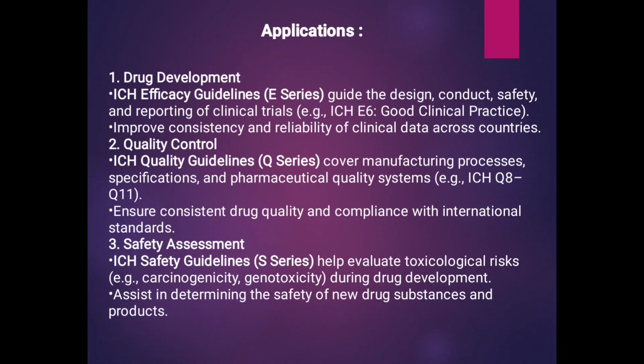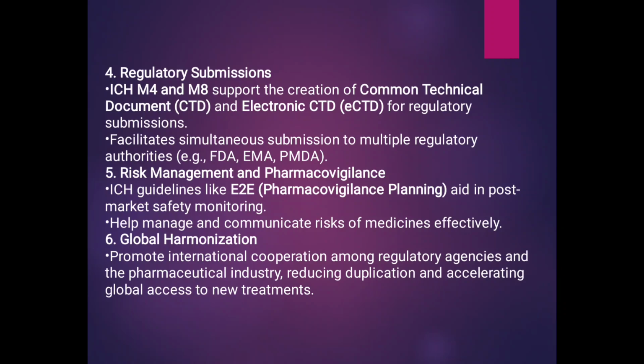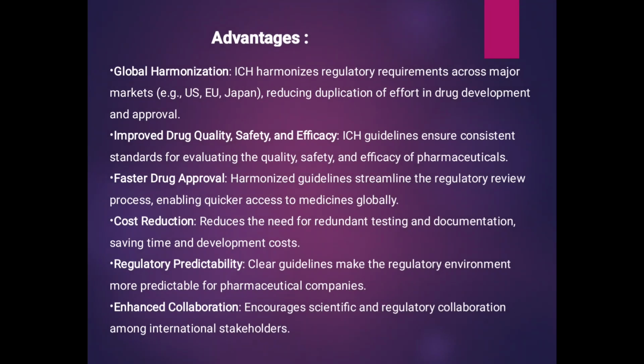Safety assessment covers regulatory submissions, risk management, and pharmacovigilance. Global harmonization promotes international cooperation among regulatory agencies and the pharmaceutical industry, reducing duplication and accelerating global access to new treatments. Advantages: global harmonization, improved drug quality, safety, and efficacy, cost reduction, regulatory predictability, and enhanced collaboration.